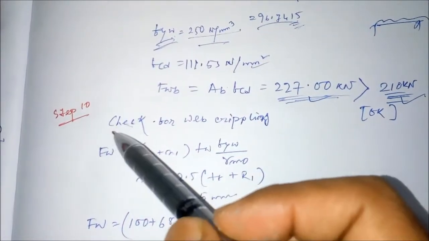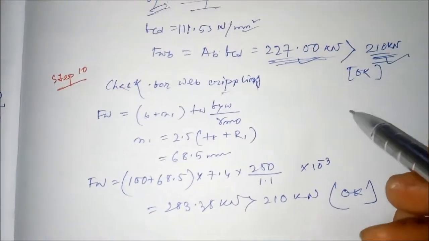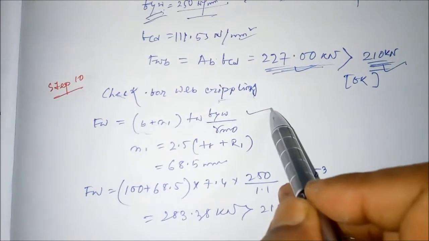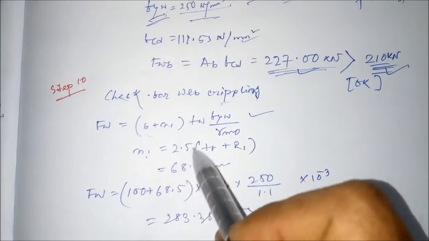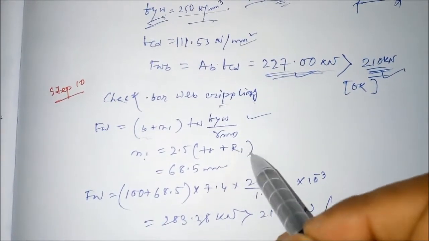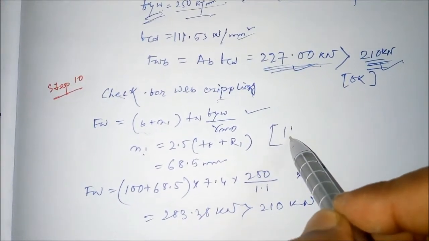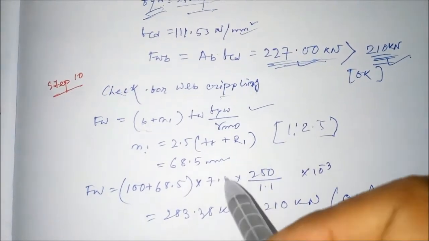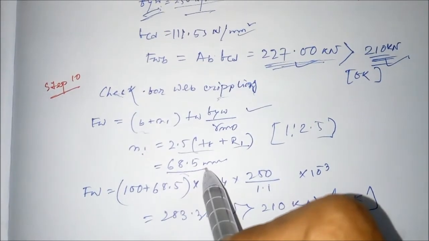Now step number 10, we have to check for web crippling. And the web crippling procedure I have already explained in the last class. We have to use this formula where N1 will be equal to this plus 2.5 into thickness of the flange plus the root radius, assuming the dispersion at a ratio of 1 is to 2.5, so we will get this value. So the N1 value will be this.